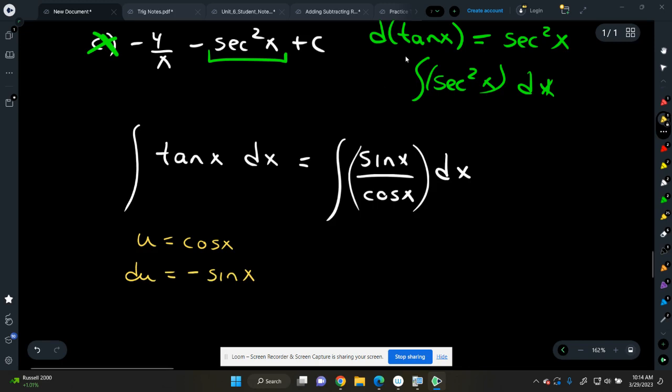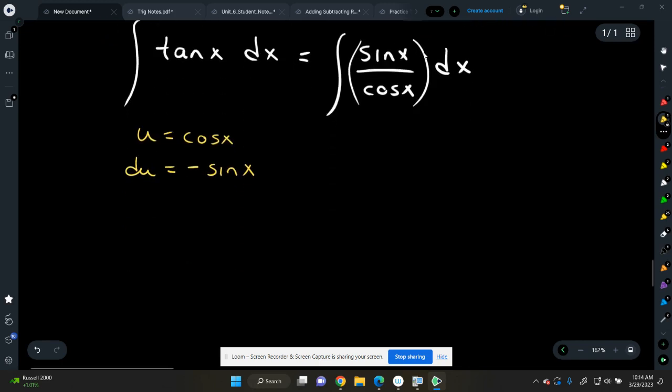Let's work through this because some of you are really having a hard time with the u substitution thing. What we're doing is writing this as 1 over cosine x times sine x dx.